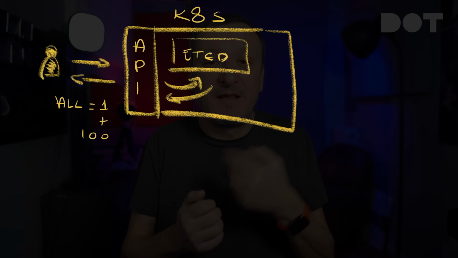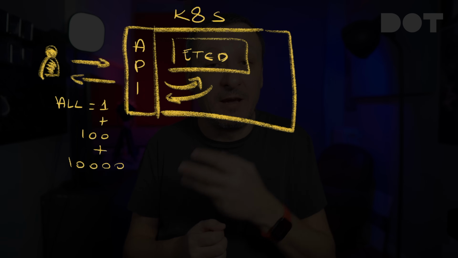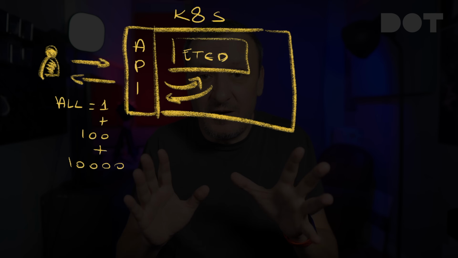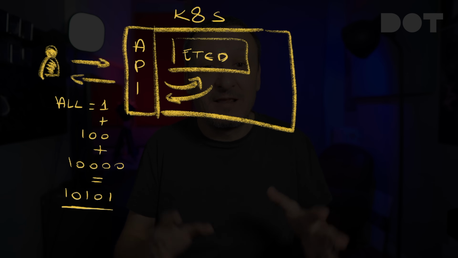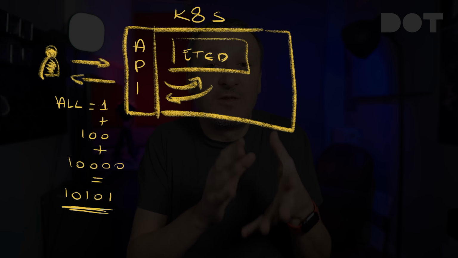So let's say that there are 10,000 resources in total. That would be another 10,000 requests to the API, totaling so far 10,101 requests on top of internal processing that dashboards would need to make.